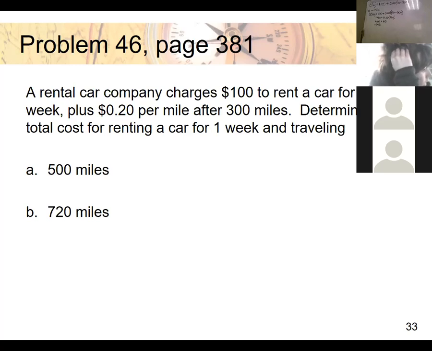Okay. Part B is 720 miles. So in this case, for 720 miles, that's C of 720, that's equal to 100 plus 0.20 times the difference of 720 and 300.